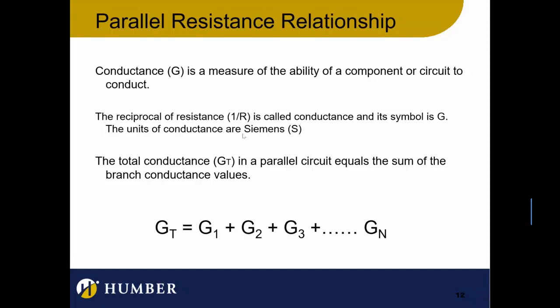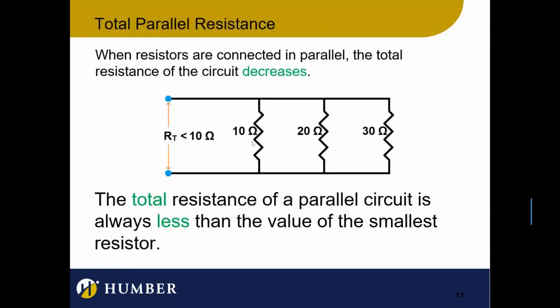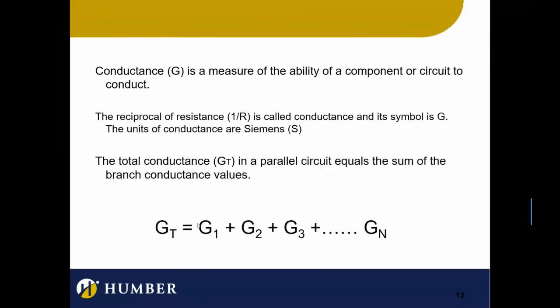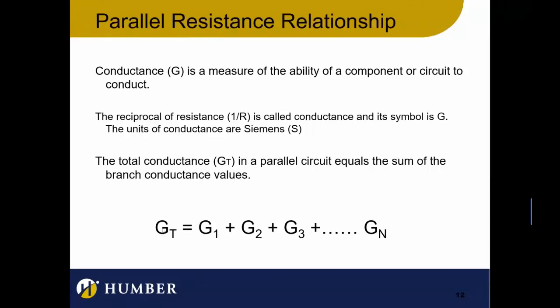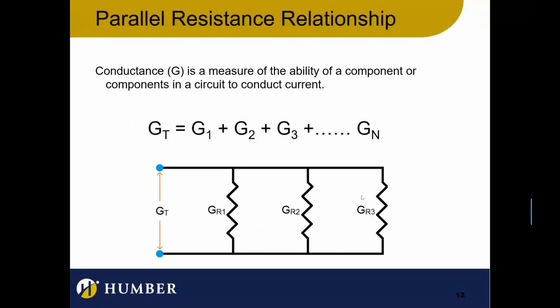As I'm adding more resistors, each one has a certain amount of conductance. Even though it's inversely proportional to resistance, the more I add, the more conductance. So we can say that the total conductance of a parallel circuit, the total G, is equal to G1 plus G2 plus G3 plus G4, and so on. If I study this in conductance as opposed to resistance, I'm adding more branches, just adding more places for the current to flow.